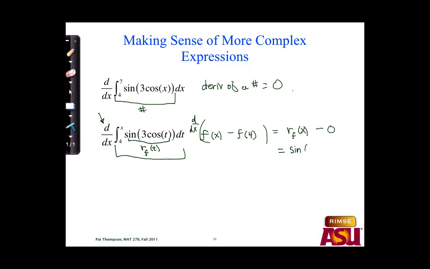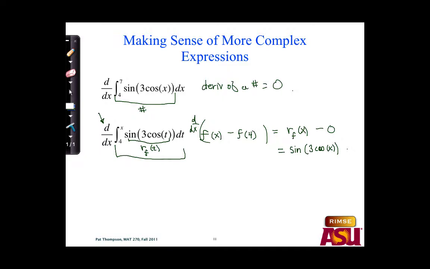Sine of 3 cosine of x. This is f of x. This one is f of t. So this one is just an example of, well, I integrated and then I took a derivative. There was an extra constant that showed up in the middle, but I just took the derivative of that constant also, so it went away.